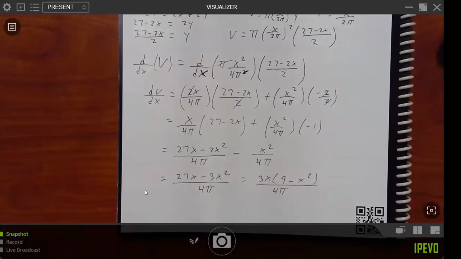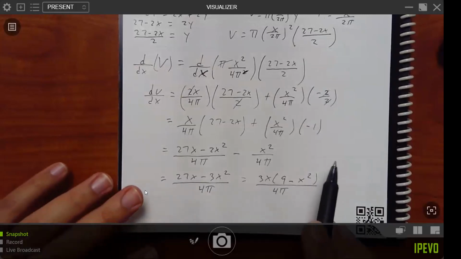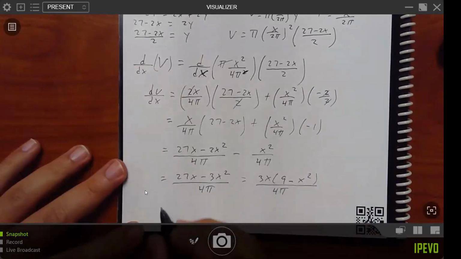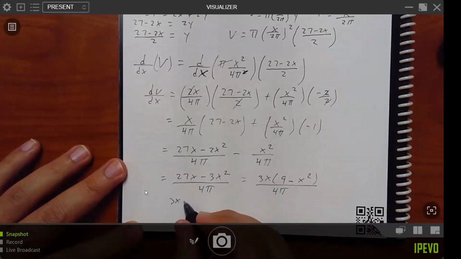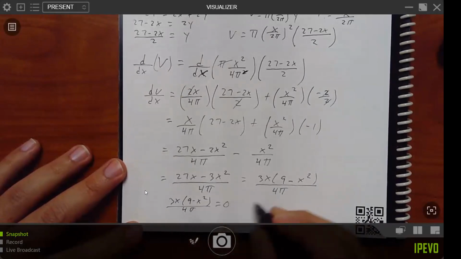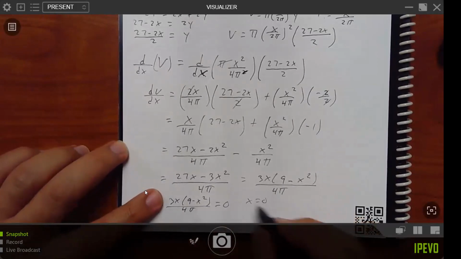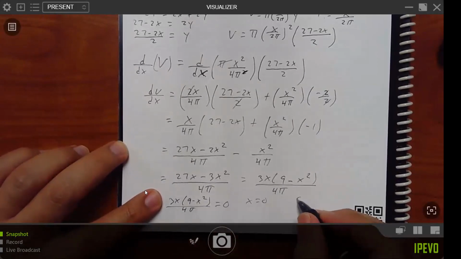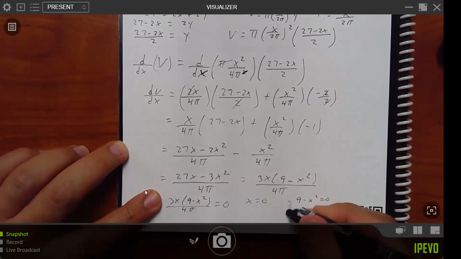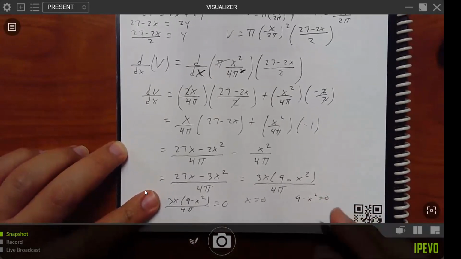So we're trying to maximize volume. So we gotta set it to 0, right? So x equals 0 will be the first part. 9 minus x squared equal to 0 means that, skip the algebra, x is equal to plus or minus 3.